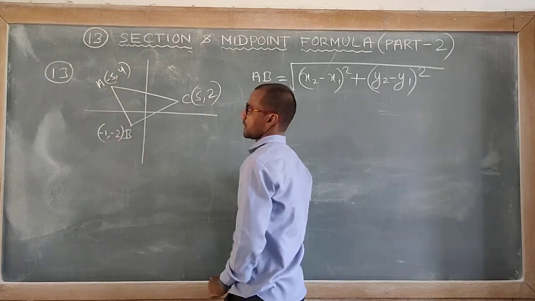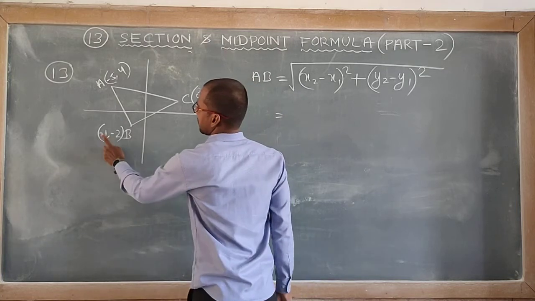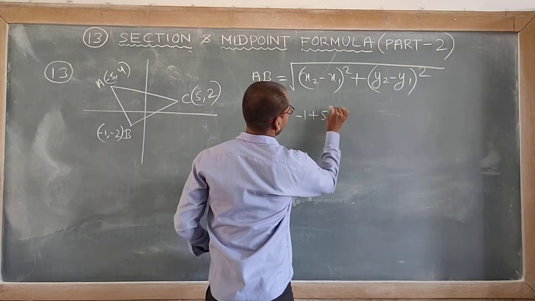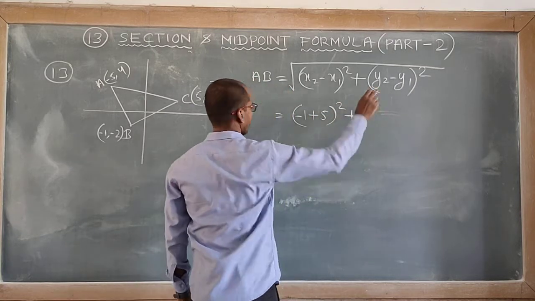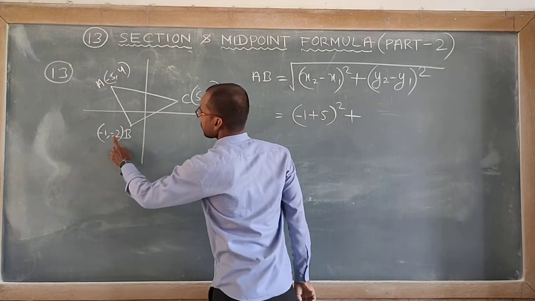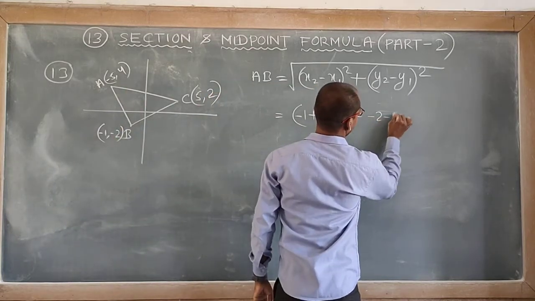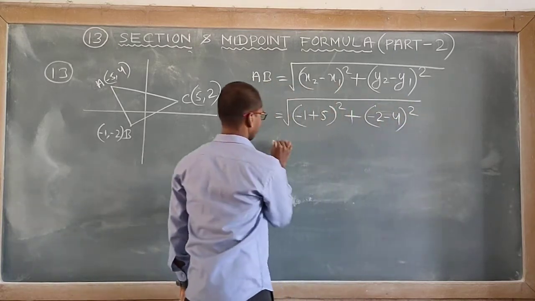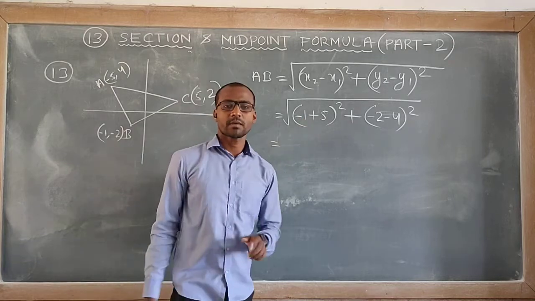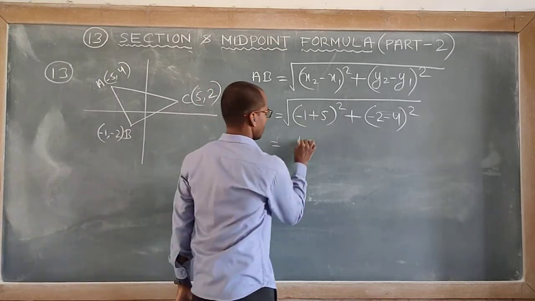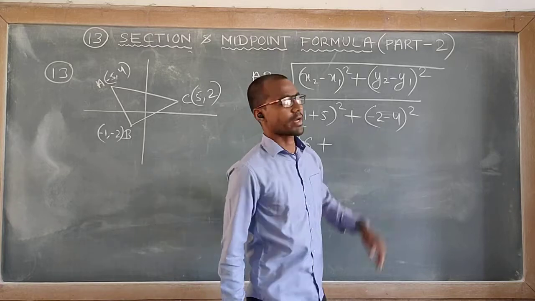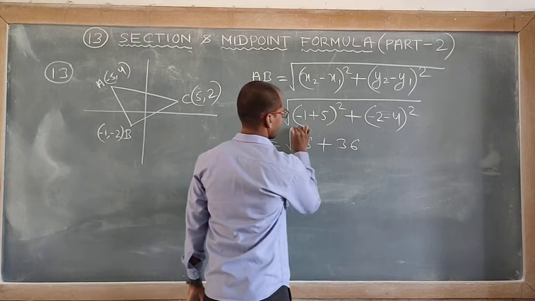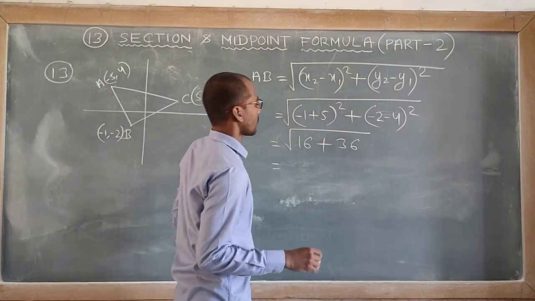Forget C. So x2 minus x1 means -1 plus 5, whole square. y2 minus y1 is -2 minus 4. -1 plus 5 is 4, and 4 square is 16. -2 minus 4 is -6, and -6 square is 36. 36 plus 16 is equal to 52.